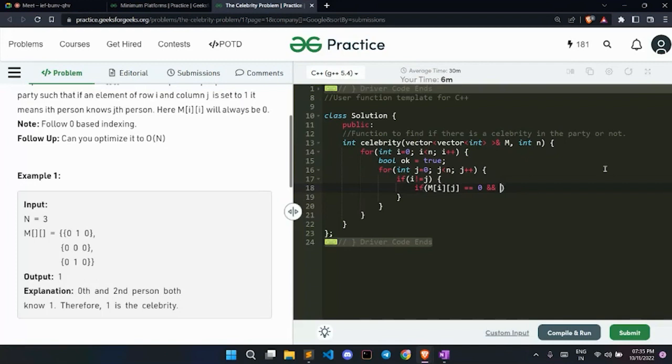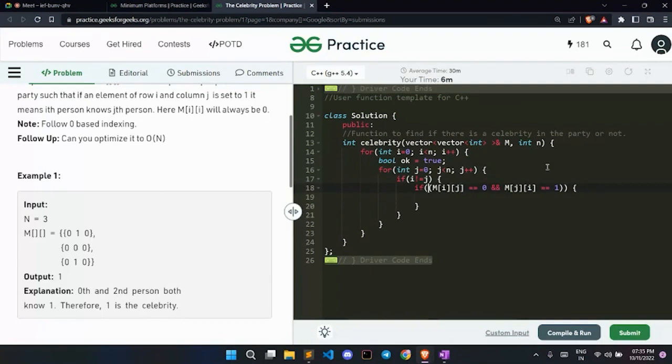So m of j of I, this should be equal to 1. So these are the conditions that we want. And if this is true, then we are okay. Like we can say that till this point, this particular person is the celebrity. Okay. And we are currently assuming that this person is a celebrity.